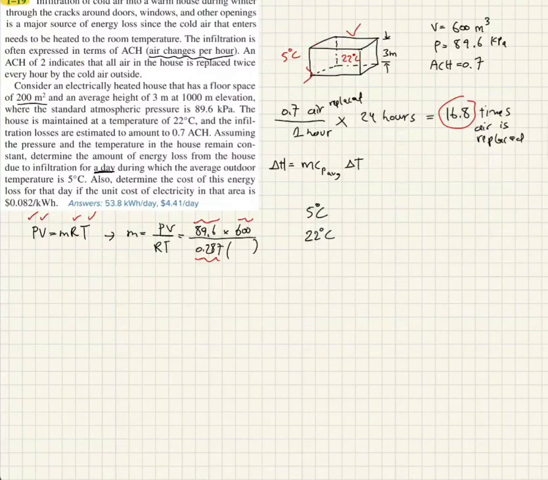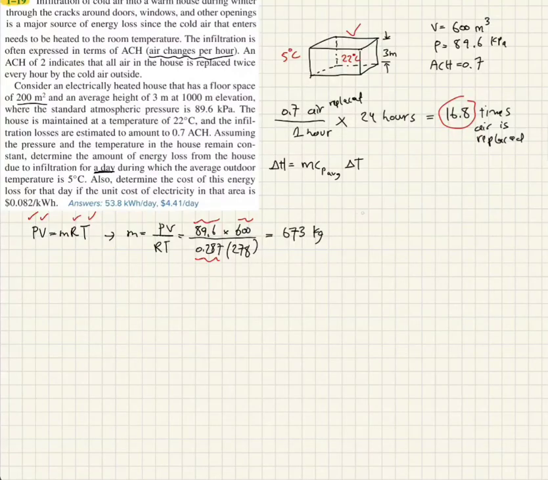So we take 5 degrees Celsius, and converting that to Kelvin is 273 plus 5, which is 278. Once we know that, we can find m, which is 673 kilogram. In one day the whole air exchanges 16.8 times.